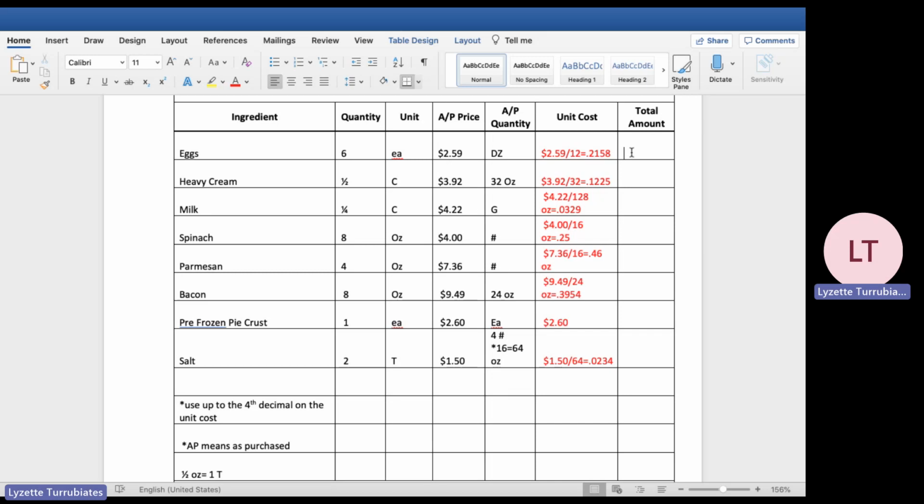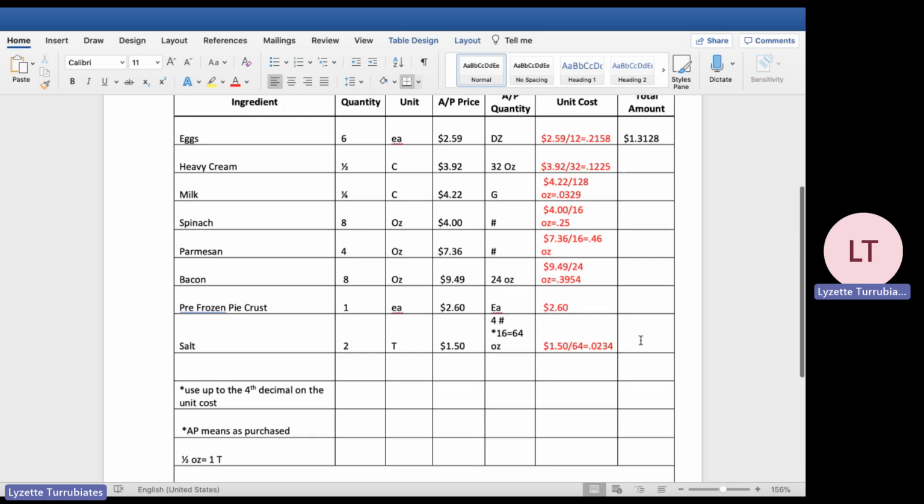That's going to give us $1. And we're still going to go to the 4th decimal here, just so we can be as specific as possible with our pricing. Because as we start to round up, the pricing is going to get off for everybody because everybody's going to round a little bit differently. But we're going to price it out like this, and at the very end we'll round.